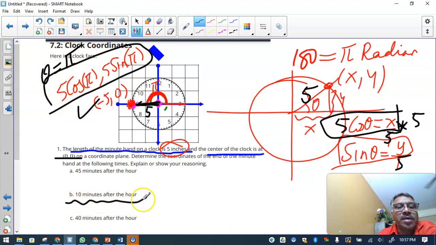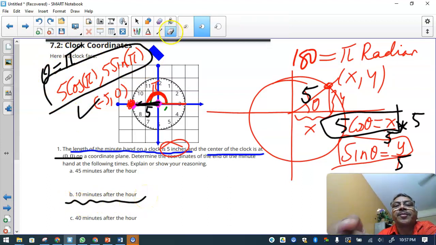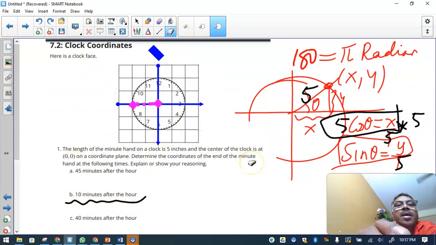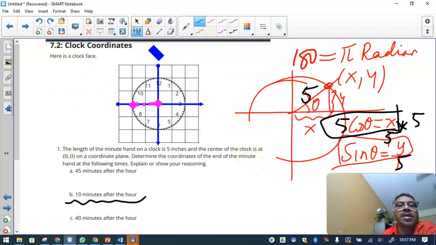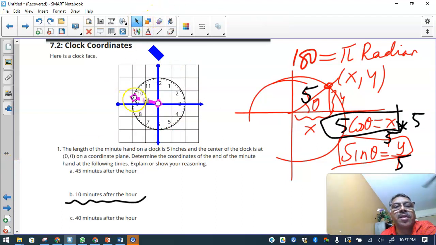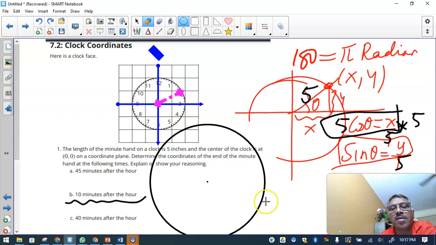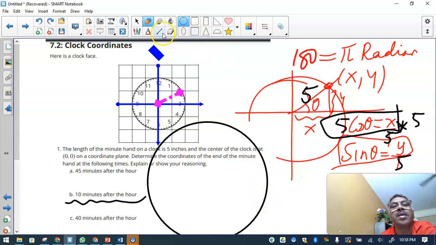Next question is what about 10 minutes after 1 hour, that means the minute hand will go to 10 minutes. So this starts here. So this is 5 minutes. If you see this, in the last classes we have seen how much that angle is. Let me draw a little bigger one here.